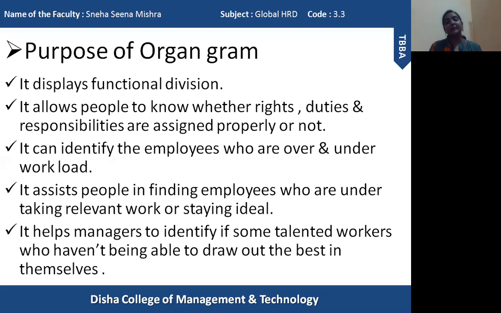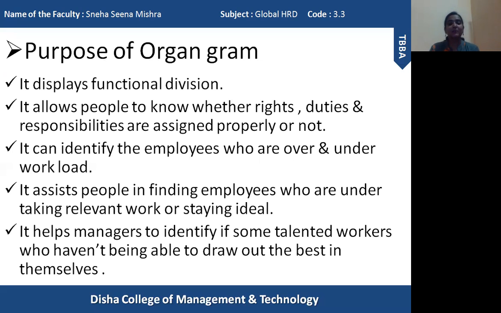So it can reveal whether an employee is overburdened with duties and responsibilities, and who are appointed in such positions where the workload is very low, so that they can balance the workload among the employees, so that one person may not have to do too much work while the other person is sitting idle. So it identifies the employees who are doing too much work. At the same time, it identifies those employees who are doing too little work.